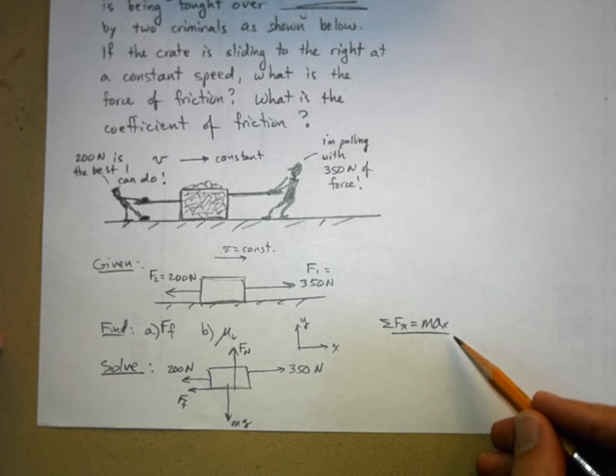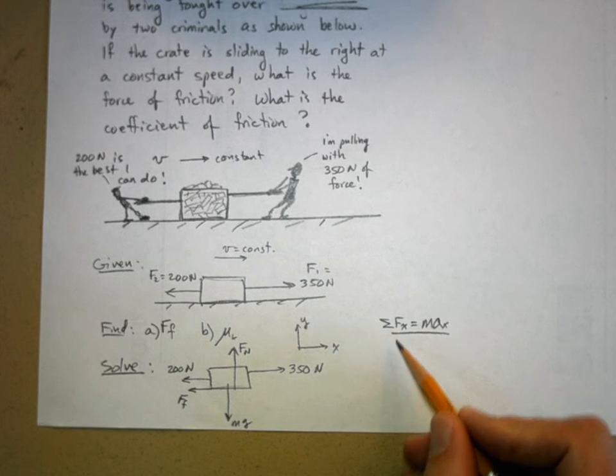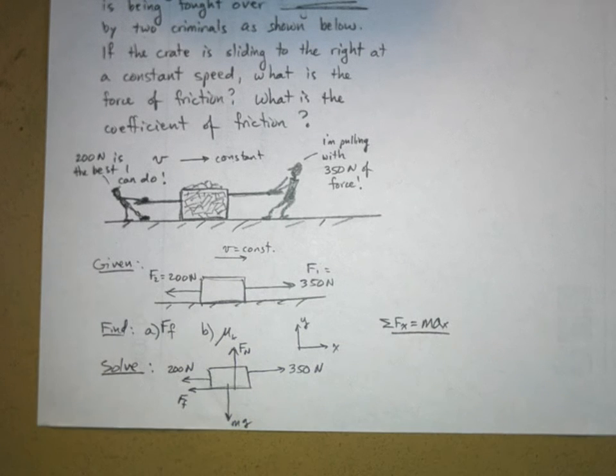Write that down, okay? Because when I'm looking at your test, it tells me that you know something, and I can give you points for knowing something. It says, I'm going to look at all the forces in the x direction, and set that equal to mass times acceleration, because when I add all the forces, that'll be equal to my net force.